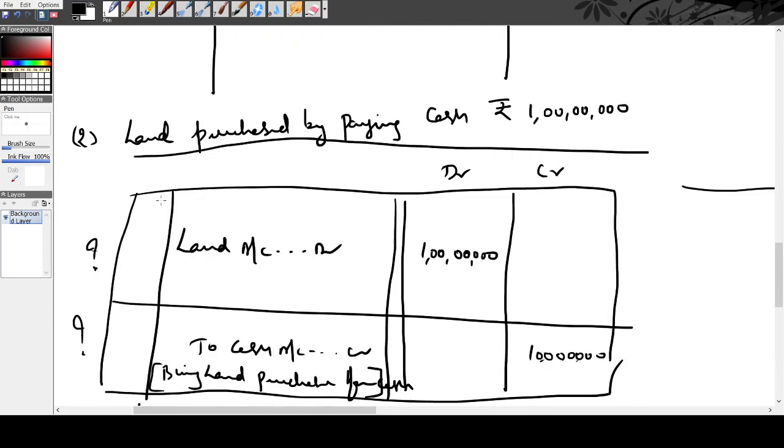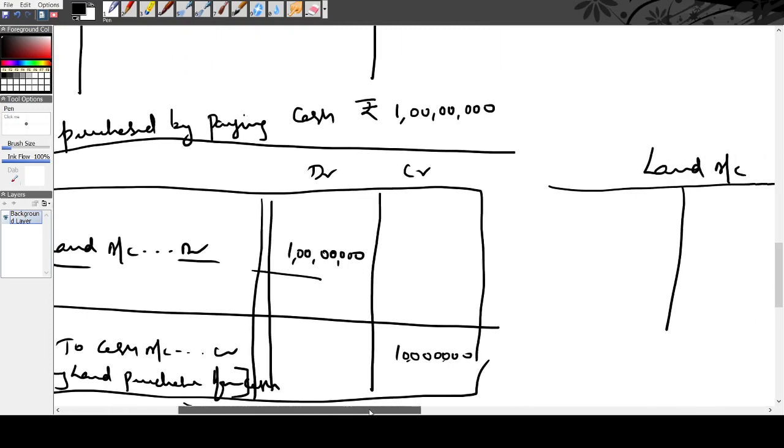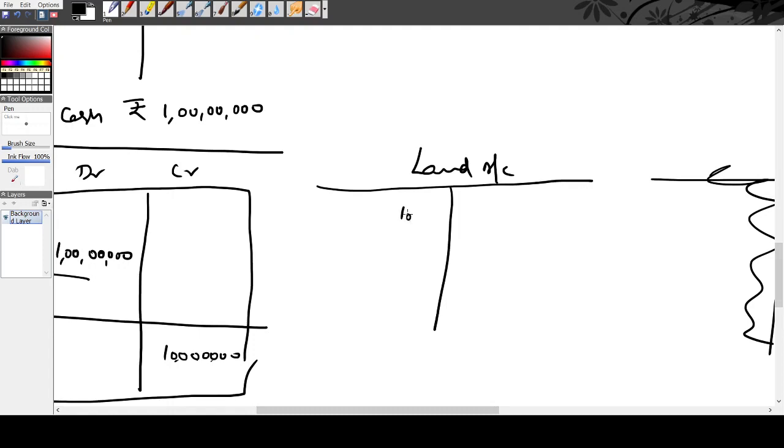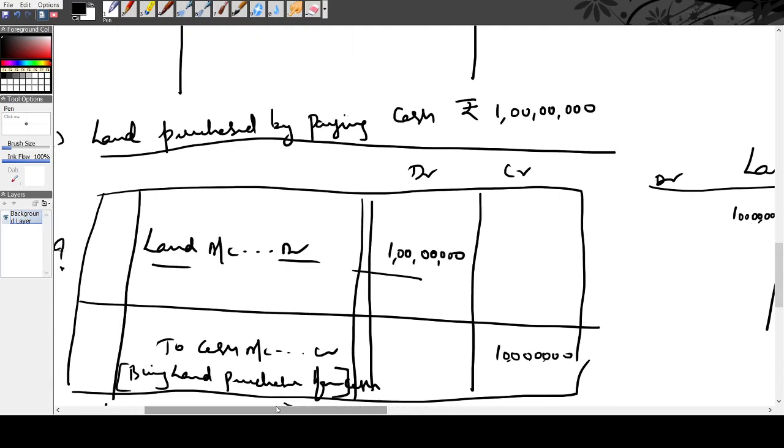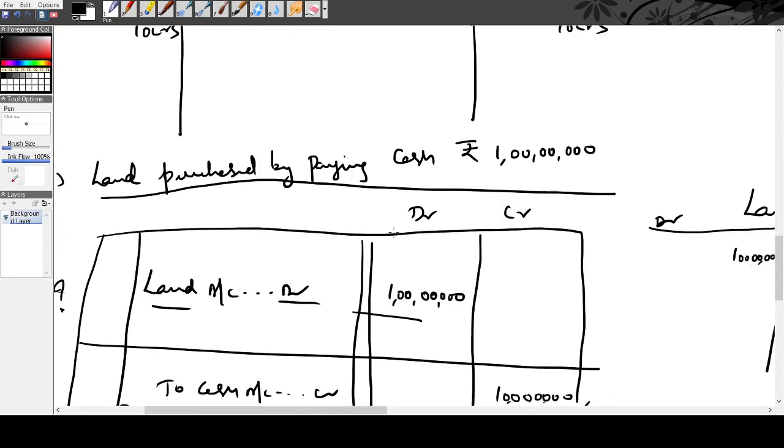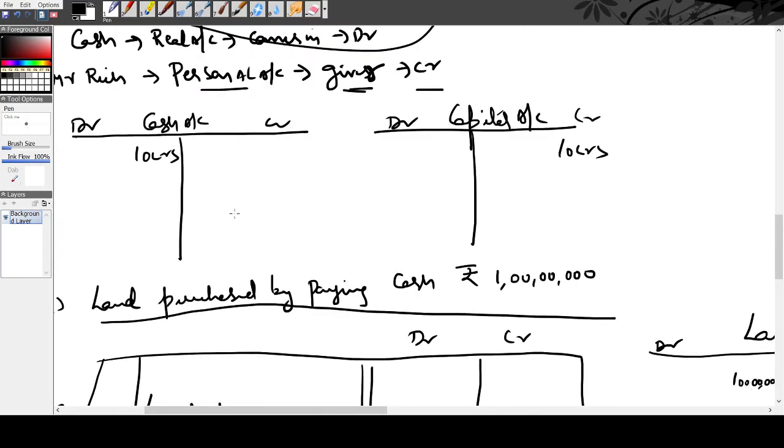This entry says debit land with 1 crore, so I'll go to the land account, right here on the debit side, 1 crore. And this journal entry says credit cash account with 1 crore, so I'll write 1 crore on the credit side.